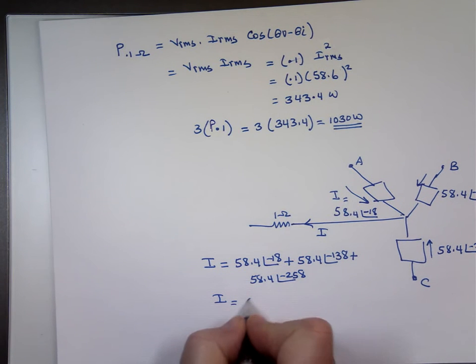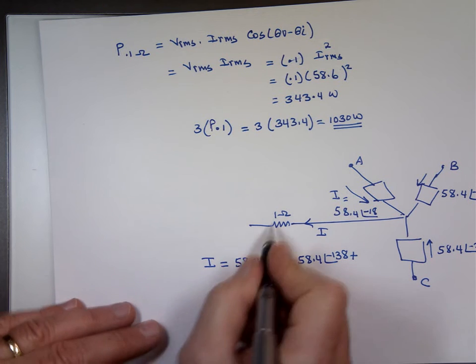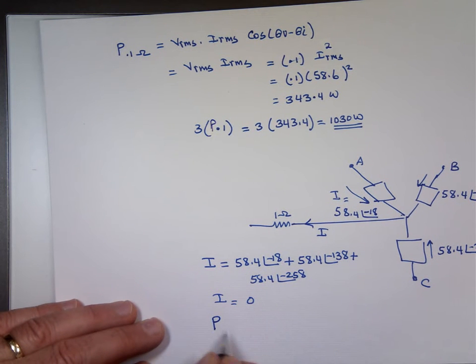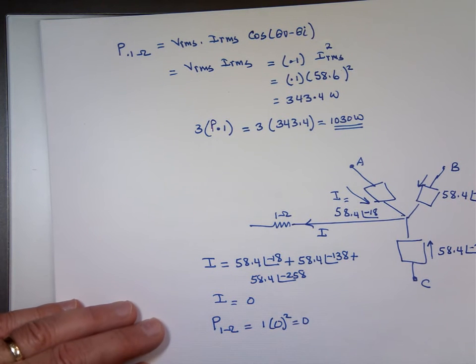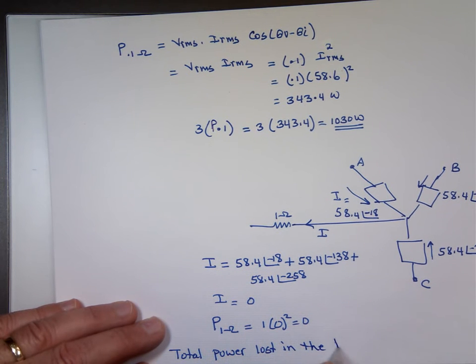If I is 0, what is the average power in the 1 ohm resistor? It's 1 times 0 squared, and that's a 0. So here we go. The total power lost in the lines will equal 1030 watts.